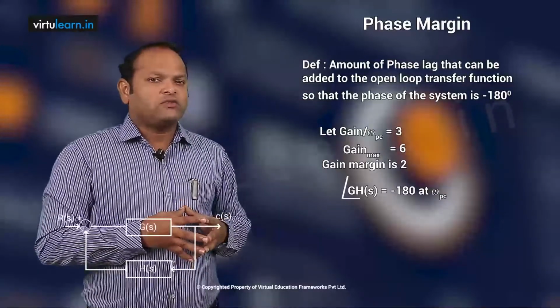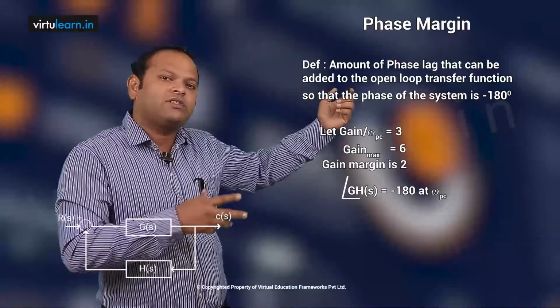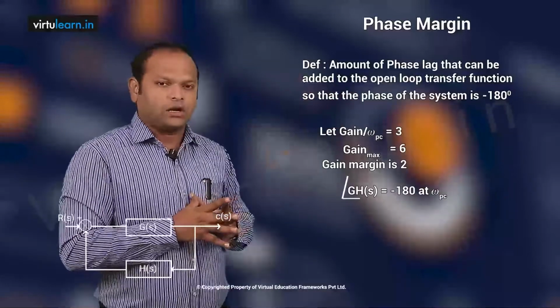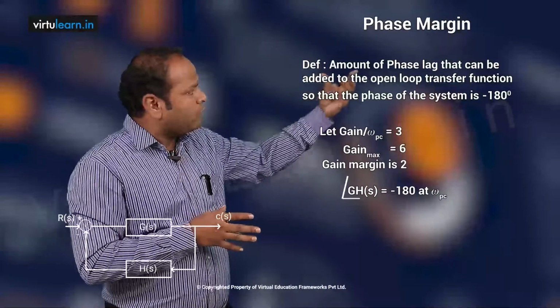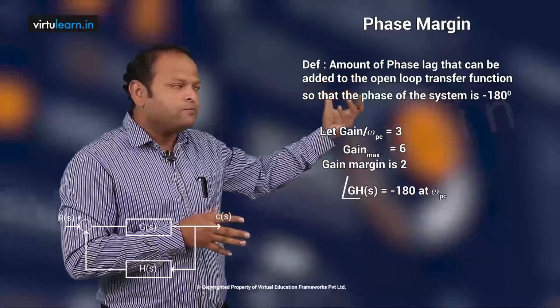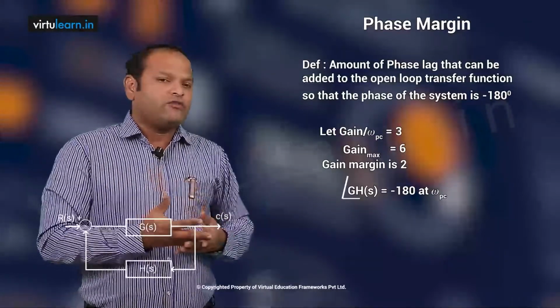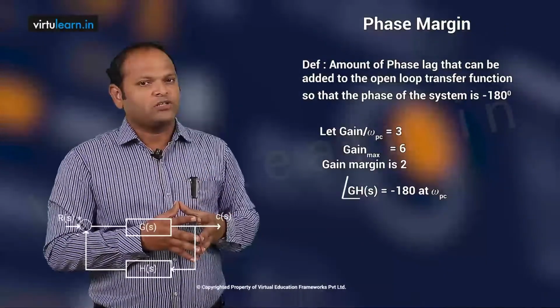So what we want is more phase margin, so that even if you introduce a component having more phase lag, you are still within control. Similarly, if you have more gain margin, even if you add more gain to the system, such as amplifier gain, we are still in a stable condition. So ideally we need more gain margin and more phase margin.